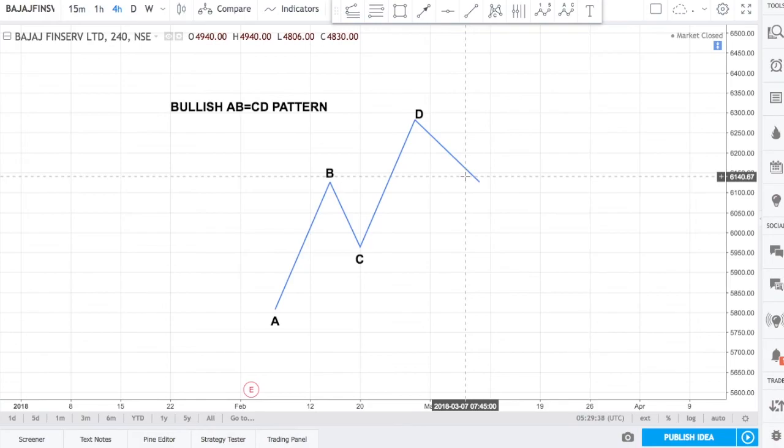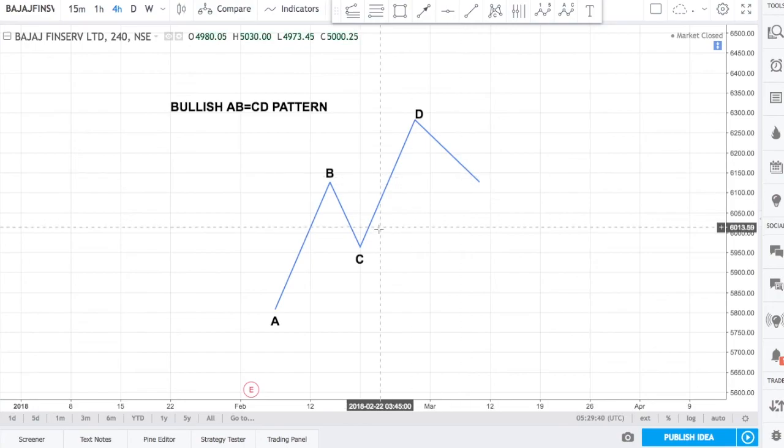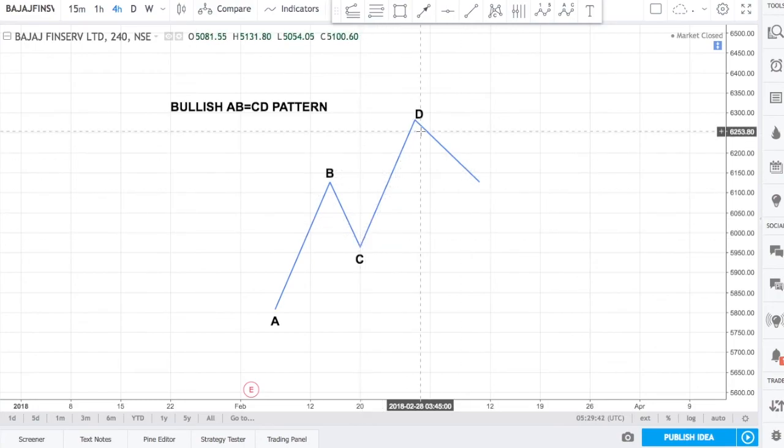So this causes the retail traders following the certainty of a ABCD pattern to lose or to get stopped out. So keeping these exceptions aside, ABCD is a high probable pattern followed by lots of traders and it works.